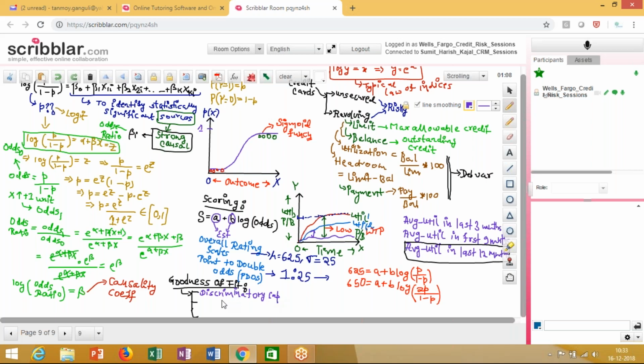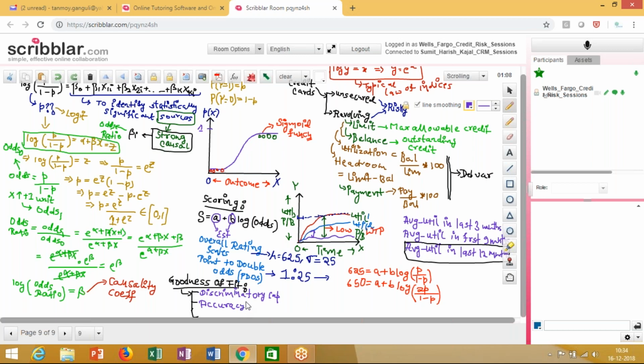The next thing that we look into is the accuracy of the model. So how accurately the model can distinguish, or how close to the observed values of the default rates is your model predicting, right? Accuracy.